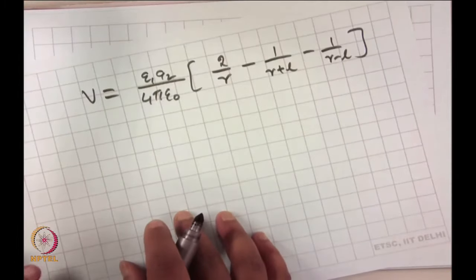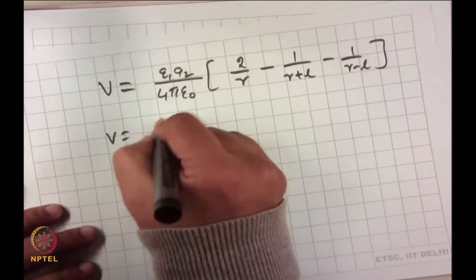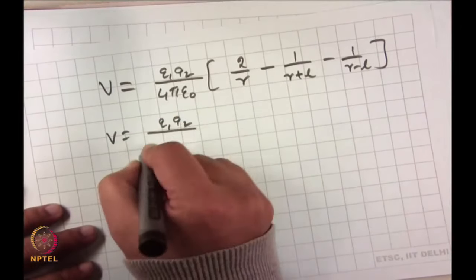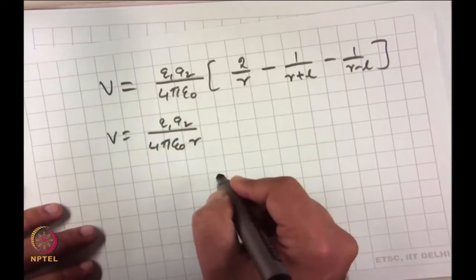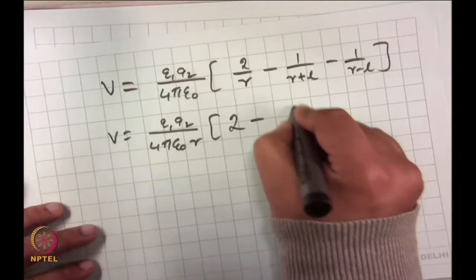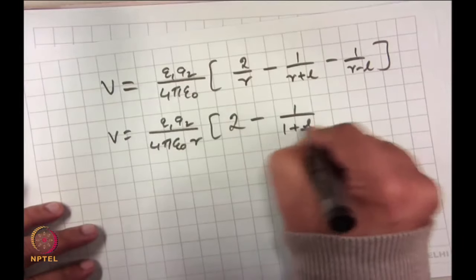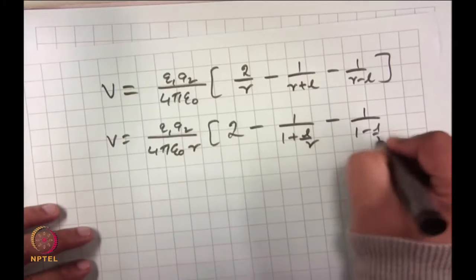I do not think I am missing anything. Then I do one more simplification. I take r out again, and I get 2 minus 1 by 1 plus L by r, minus 1 by 1 minus L by r.